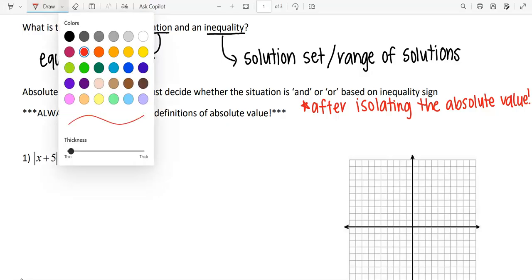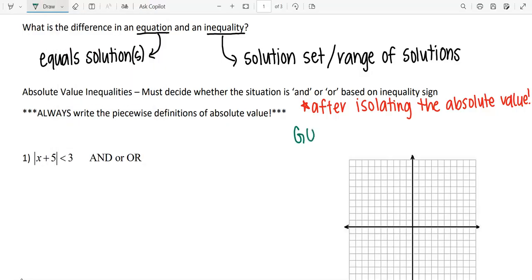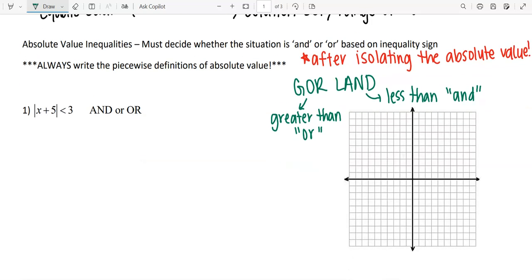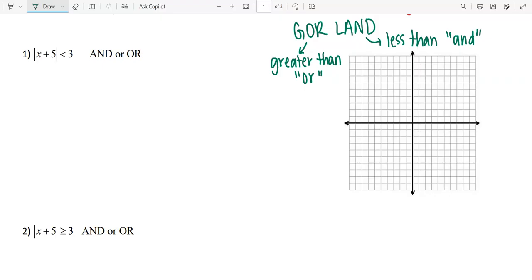The way we remember and or, we talk about Goreland. Yep, Goreland. So if it's greater than, that's going to be an or. And if it's less than, that's going to be an and. So Goreland, greater than is an or, less than is an and.